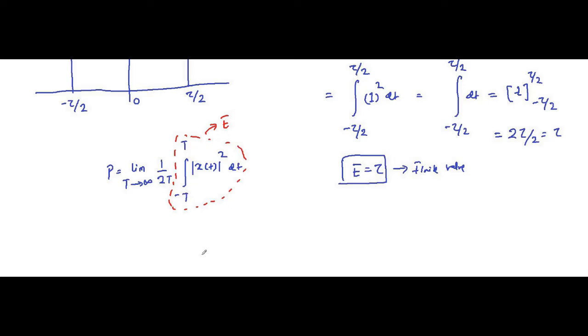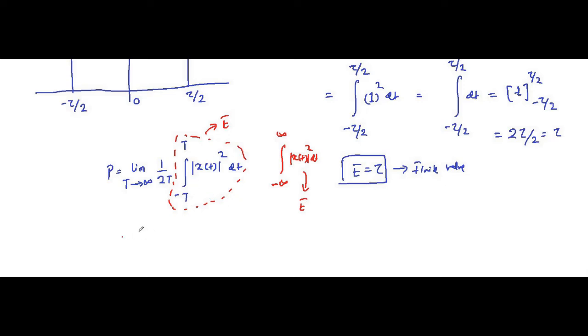So it is similar to writing the integral from minus infinity to infinity of x(t) squared dt, which is nothing but the energy of the signal. So whether you write it in this form, limit T tends to infinity, minus T to T, or directly minus infinity to infinity, it means the same.